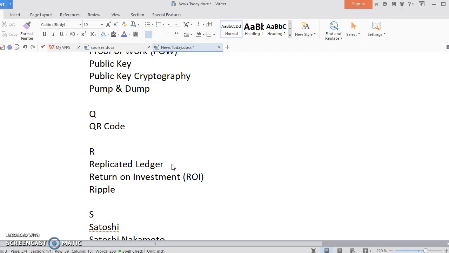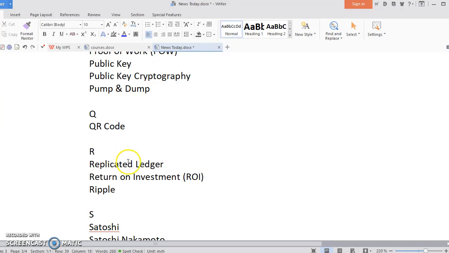We take this transaction and then replicate it. To make it very simple: what is a ledger? A ledger is basically a database. It could be a computer database, online or offline, right?